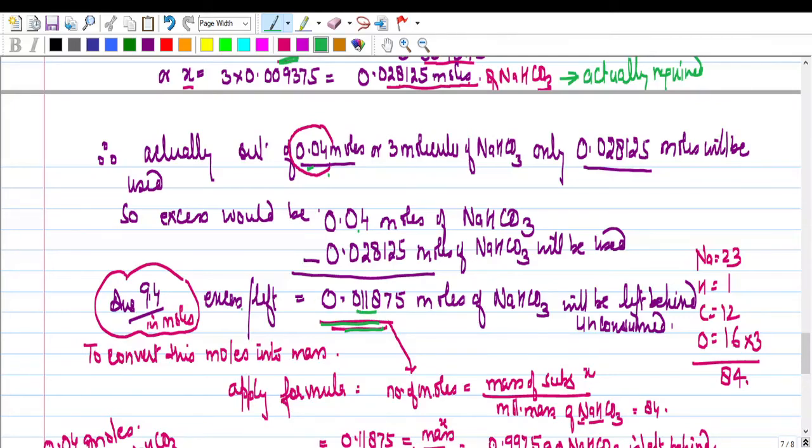When we subtract, we get how much is extra. Now this is in terms of moles. Now we have to convert it into grams. So how do we convert? We use the same formula, number of moles is equal to mass of substance upon molecular mass. Number of moles we know, mass of substance in grams we can calculate. Molecular mass of sodium bicarbonate is 84.